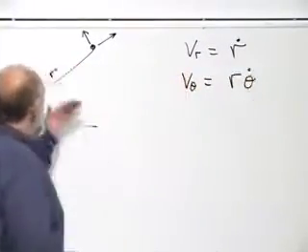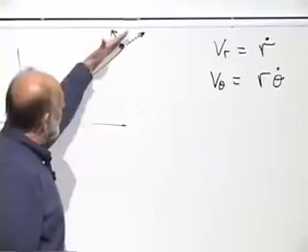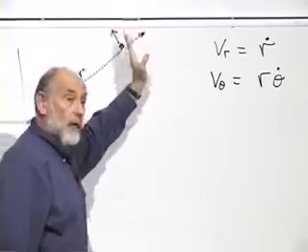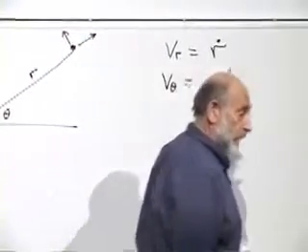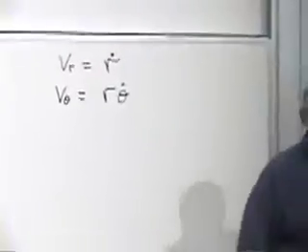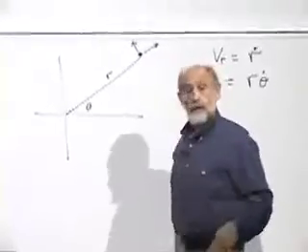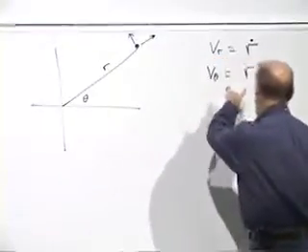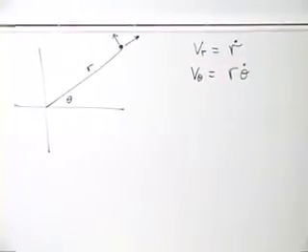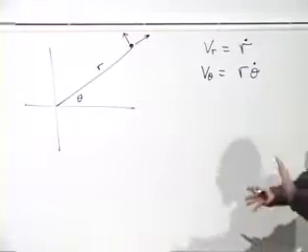Why? Because a given rate of change of the angle will correspond to a larger velocity the further away you are. Okay? A given angular rotational velocity, theta dot, will give you a larger overall velocity the further away you are, proportional to r.